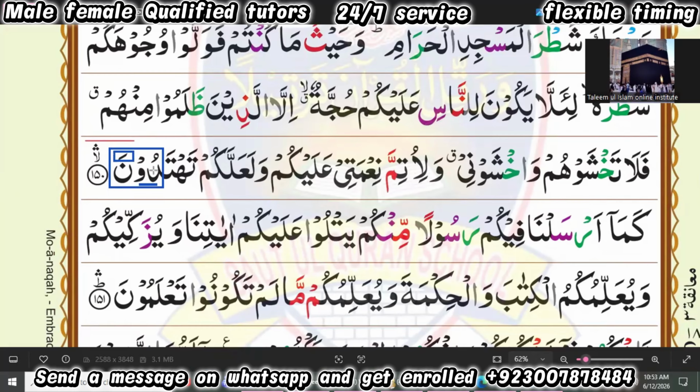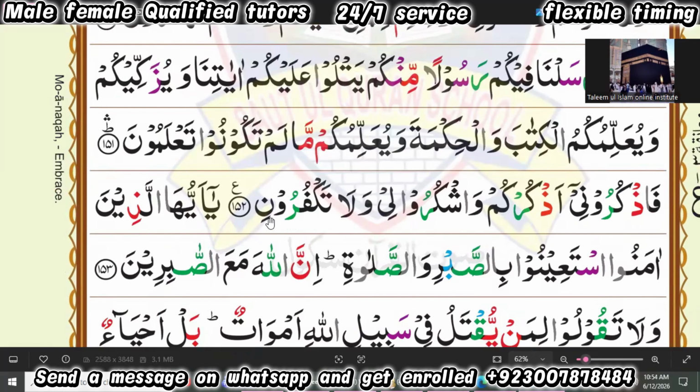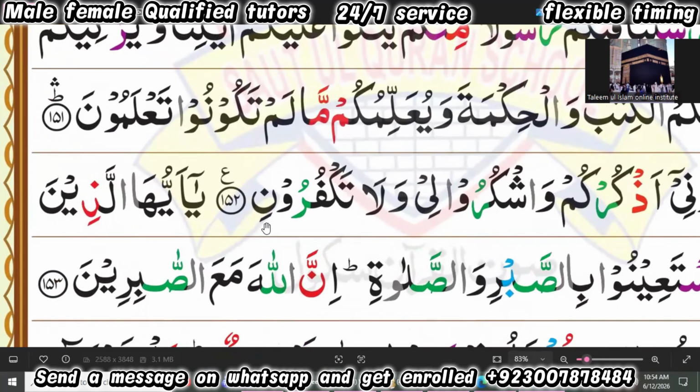So we will read it like Tahtadun. We will change it into mad. Same here, Ta'lamun, longer because of sukun. Takfurun. Same here. There is kasra, but we also change kasra into jazm. I hope you understand the mad.